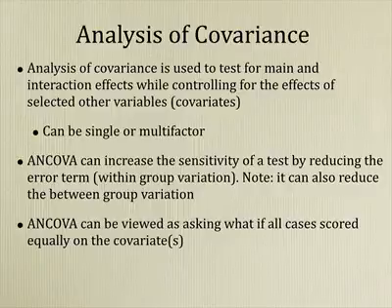But just as in many things, it's not foolproof. In my experience, usually when you reduce within group variation, at the same time your between group variation also takes a hit, and so you end up with an F value that is similar in size to what you would have had.